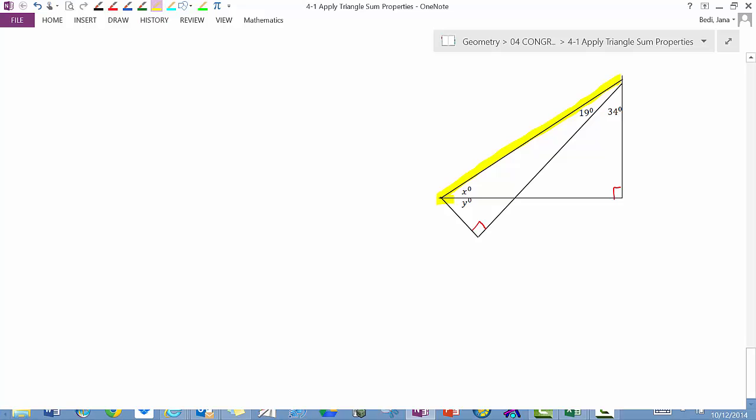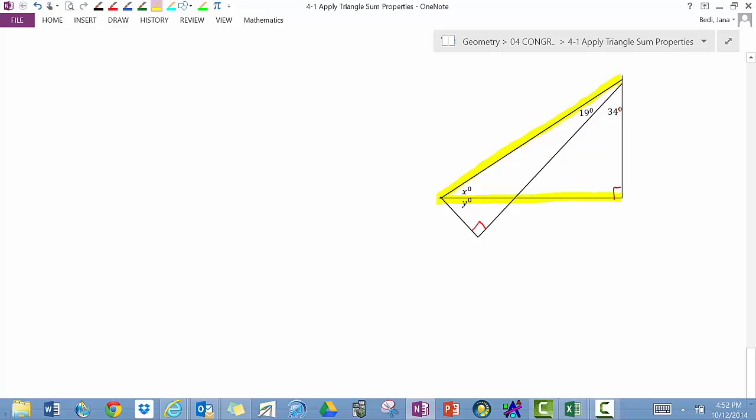Not getting my highlighter to cooperate. Okay, that's better. Okay, and what's more, this is one of the angles of the highlighted yellow triangle. So in this right triangle, I can say x degrees plus 19 plus 34 degrees plus 90 degrees equals 180 degrees.